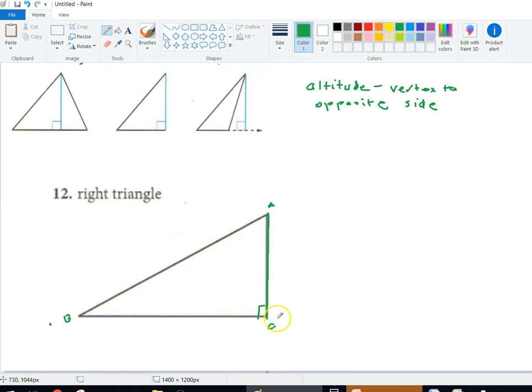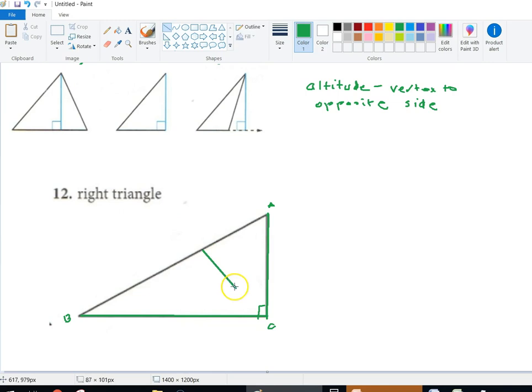So we've drawn AC, and that line goes straight here. Here's B. The vertex of B dropped to the other side would also be the side of the triangle. And for AB, the vertex to the other side, I'll have to draw it from the other direction.